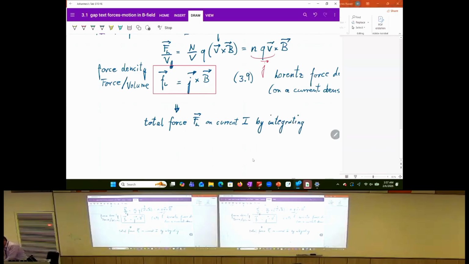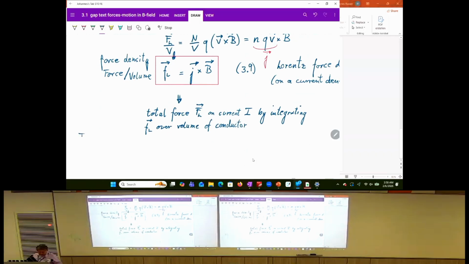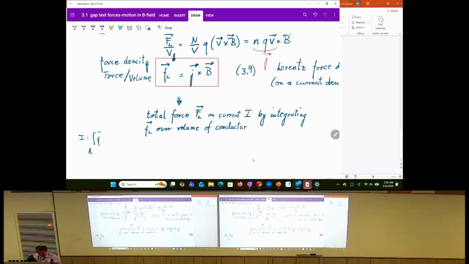Then we get the complete Lorentz force that is acting on a given current. Remember, the total current is obtained by taking the current density over the area of interest. And if the force density is constant, that means if it is not a function of the position, then you just have to multiply by the volume.